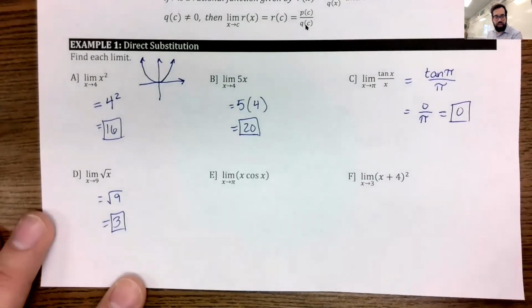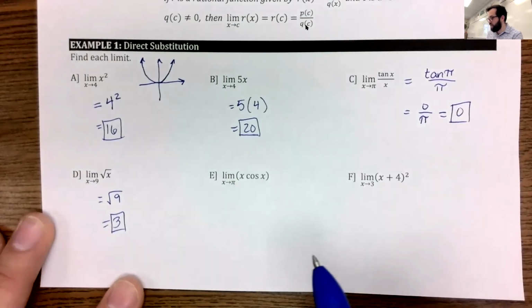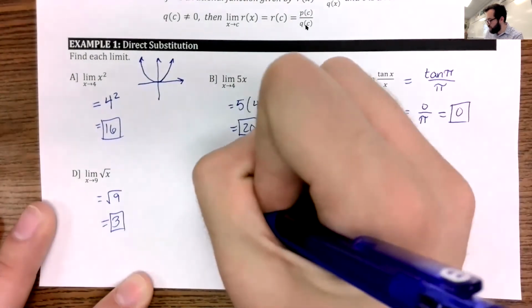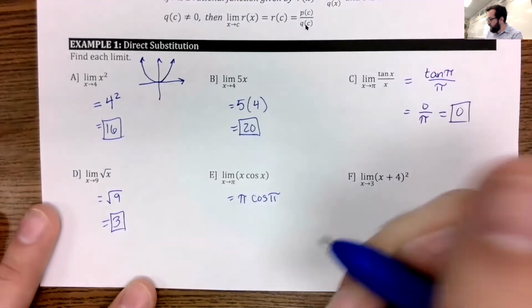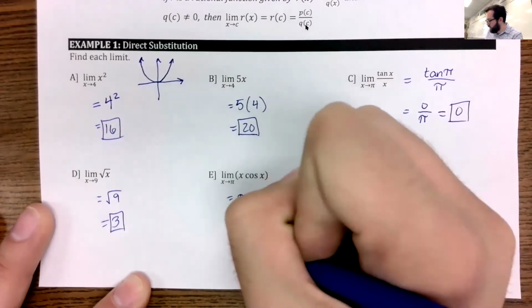Letter E, the limit as x approaches pi of x times cosine x. Cosine x and x both would be continuous, so multiplied together, they're still continuous. That means we can just plug in pi. And cosine of pi is -1, so we end up with negative pi.